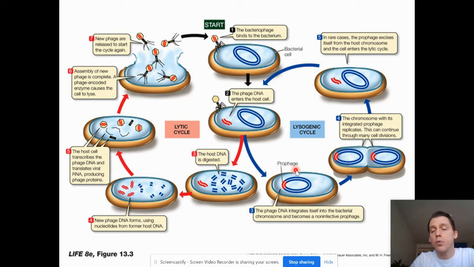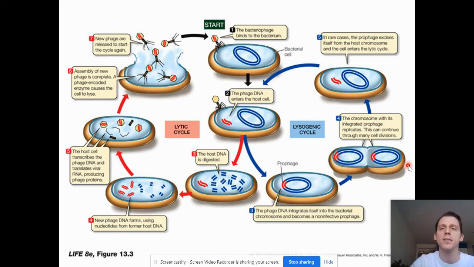We refer to that as a prophage. And the cell has no idea it's been infected. So the cell reproduces, and because all DNA is pretty much the same, it accidentally reproduces the viral DNA that's hiding there. And so this reproduction can happen again and again and again.